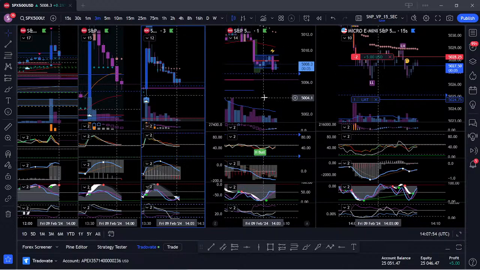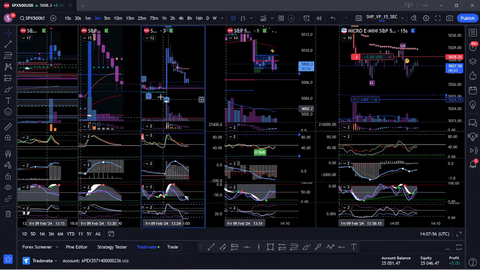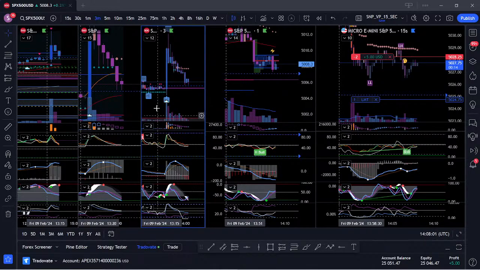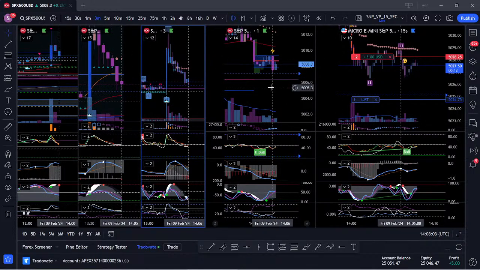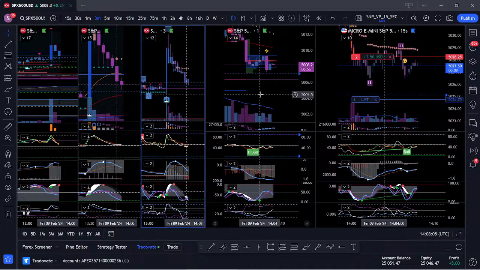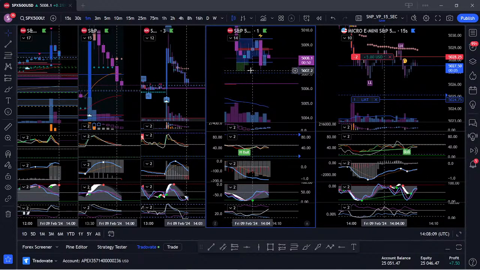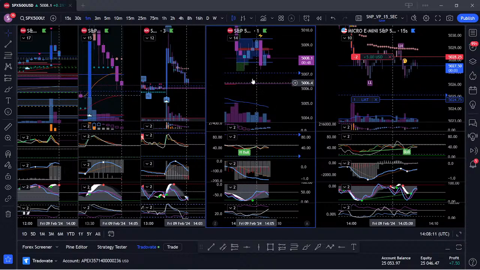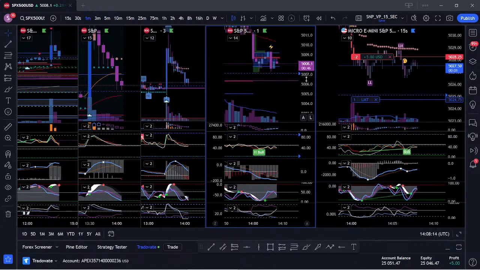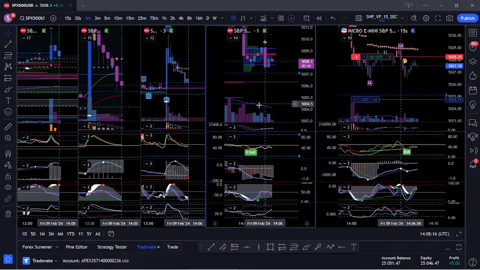But always keep watching for divergence from below. Divergence from below could cancel the whole move. So keep watching the divergence. Okay, we got here a new session of the volume profile.